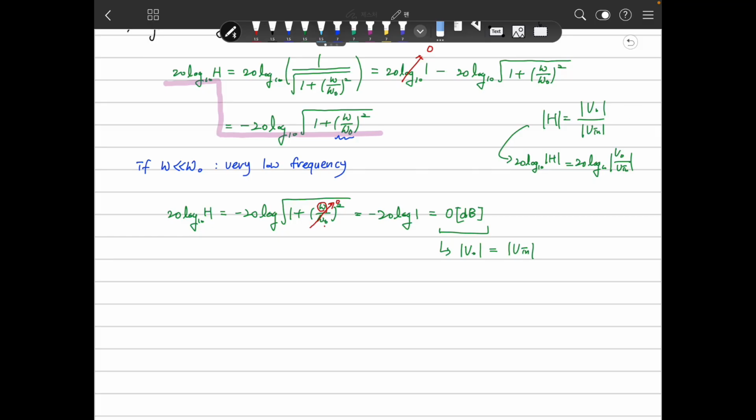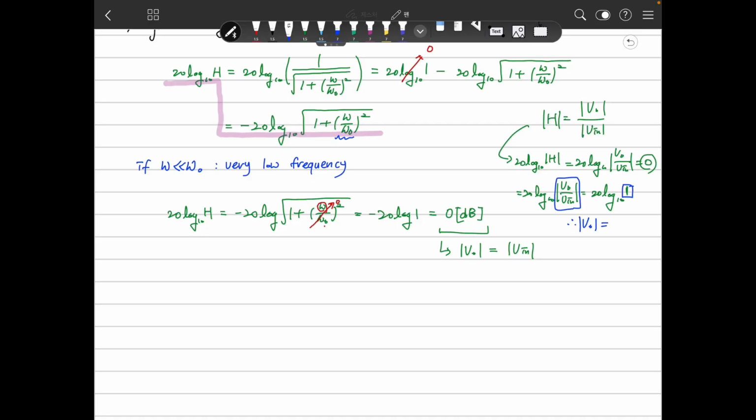Okay, this is a 0, right? That means 20 log10 of V out over V in is 20 log10 of 1, which means 1.